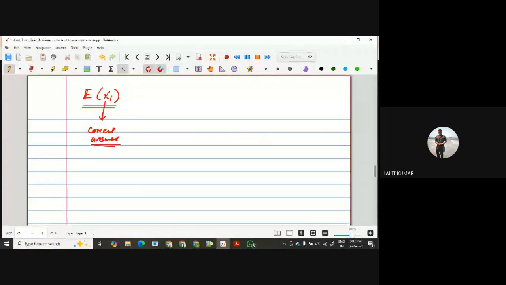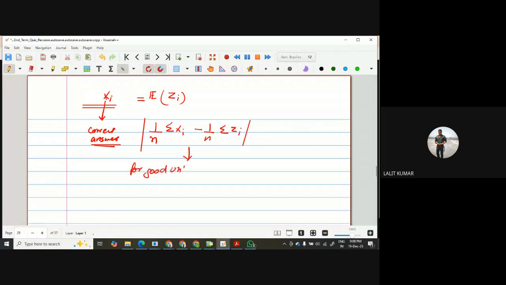And how am I getting this Xi? I am getting it from Zi, expected of Zi. Basically, I want to know Xi, and Xi is from Zi. So for this utility, 1 by n Xi minus 1 by n Zi, this error should be less for good utility.